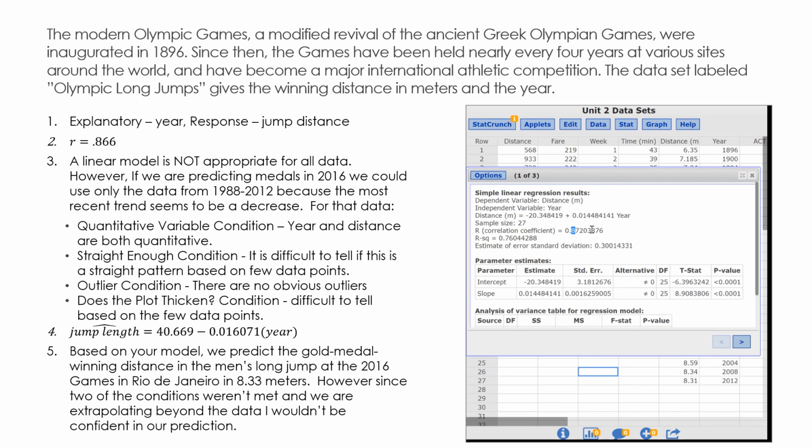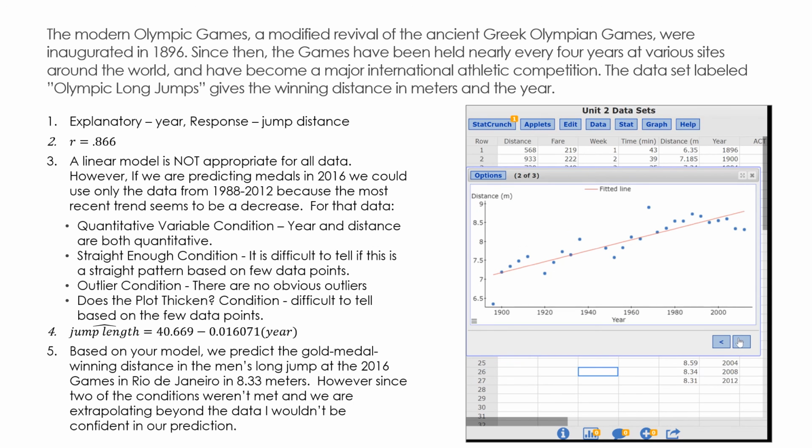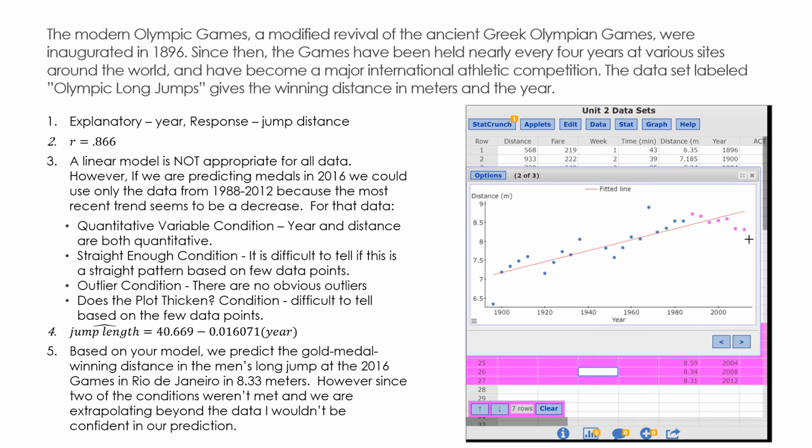Sure, I've got an R value of 0.872, which is not too shabby. But what I would look at here is the fact that it seems like from this point on that these follow a negative trend, as opposed to overall we've got a positive trend.